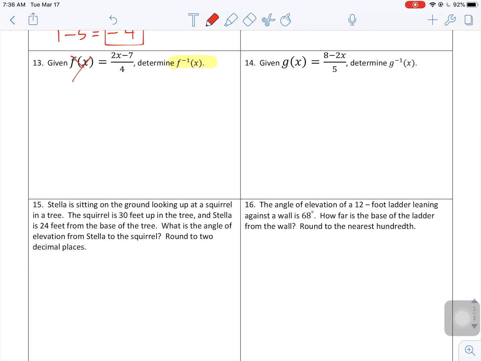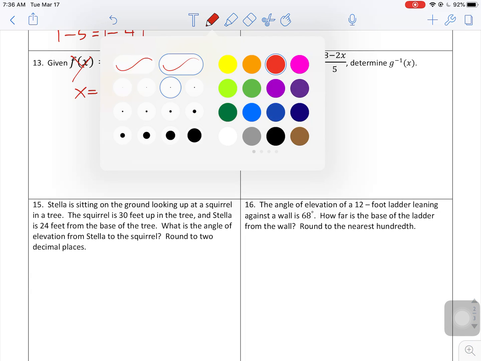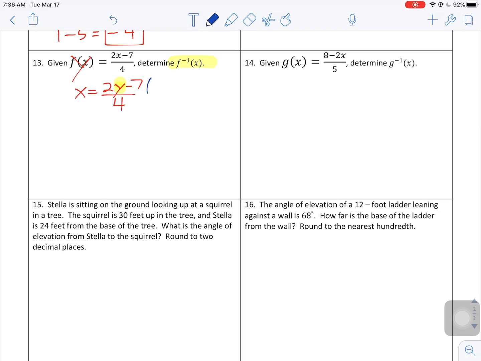And then after that, you're going to switch x and y. And then once you've switched x and y, we now are going to solve for y by doing order of operations backwards. So I'm going to get rid of that division by 4 by multiplying both sides of the equation by 4 to start. That way these 4's on the right side cancel.